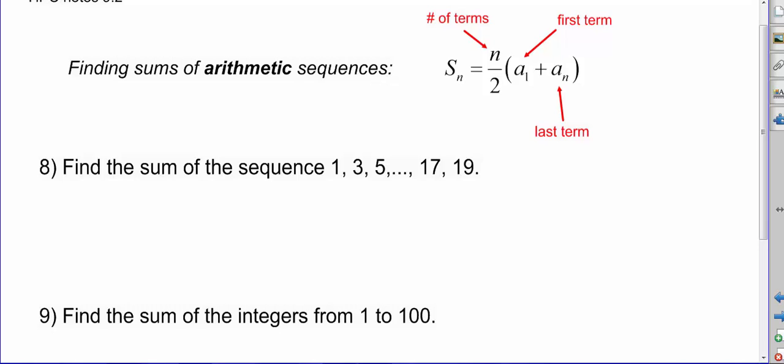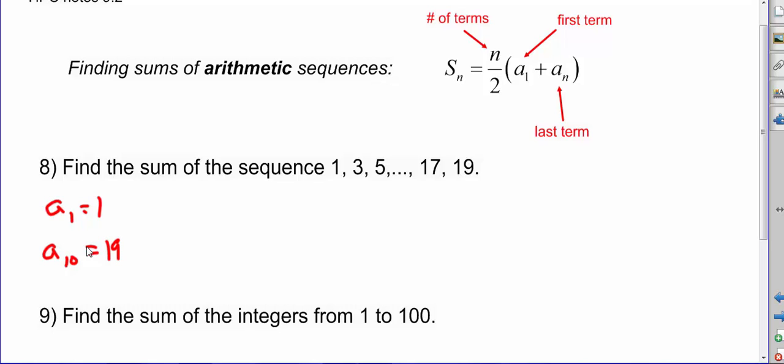Alright, so here we go. Let's look at number 8. It says the sequence is 1, 3, 5, and so on to 19. How many terms do we have here? I know that the first term is 1, and you could figure this out a few ways, but 19 is actually the 10th term.